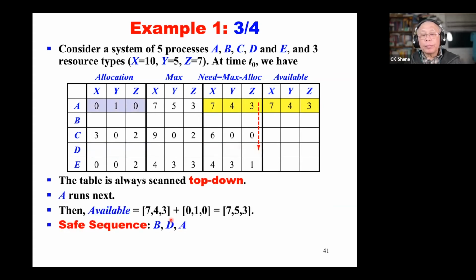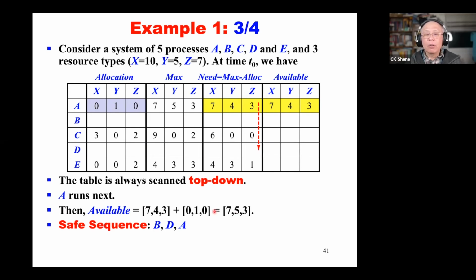Now, the current available is 7, 4, 3. We scan the need again. So A has 7, 4, 3. Well, it matches the current available, so we run A. After that, A would return 0, 1, 0, making the new available 7, 5, 3.